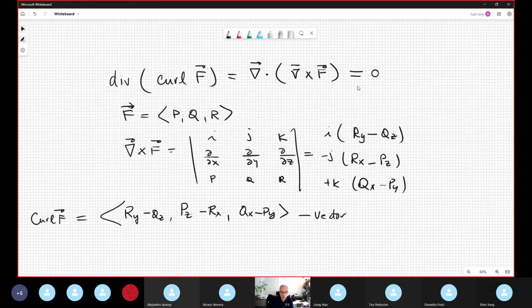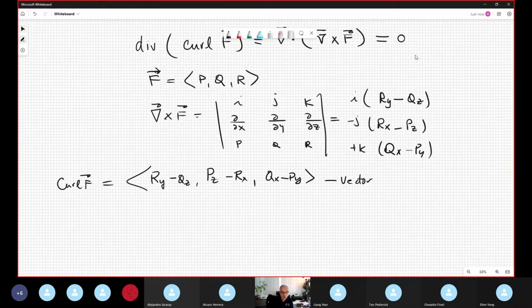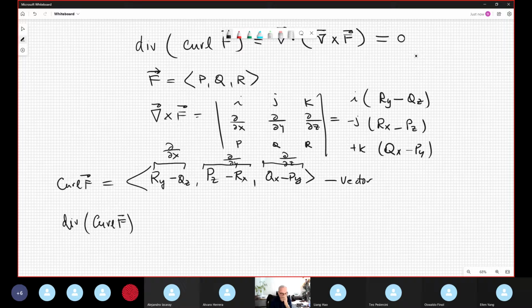The divergence is super easy because the definition is: you take the first component and differentiate with respect to x, you take the second component and differentiate with respect to y, and you take the third component and differentiate with respect to z. The divergence of the curl of F is equal to: differentiating this component with respect to x gives R_yx, second derivative.